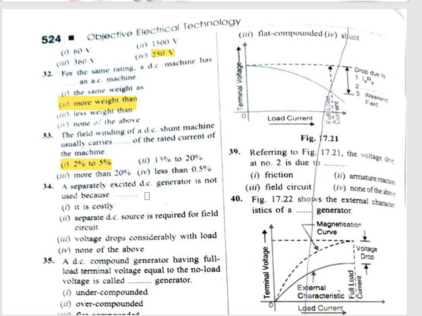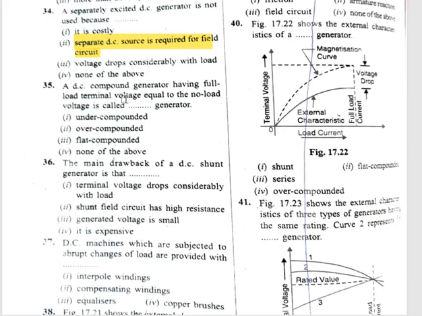A separately excited DC generator is not used because a separate DC source is required for the field circuit. A DC compound generator having full load terminal voltage equal to the no load voltage is called flat compounded.